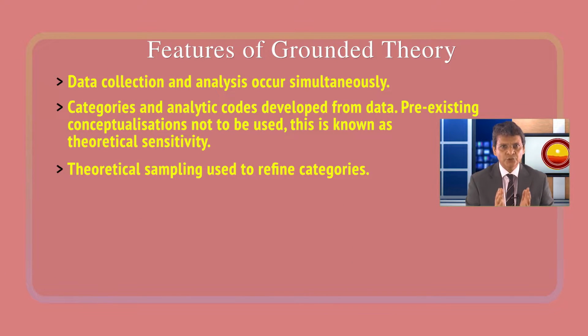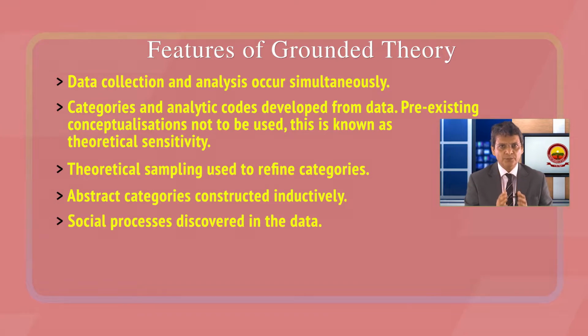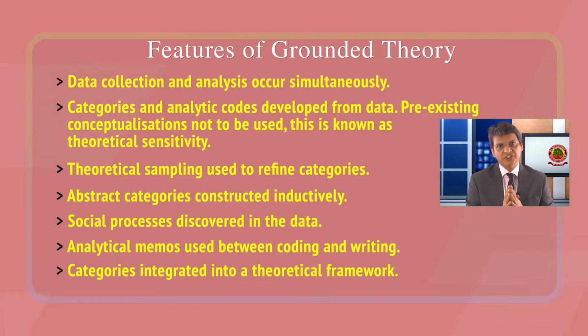Third, theoretical sampling is used to refine the categories. The fourth feature is that abstract categories are constructed inductively, and social processes are discovered in the data. Analytical memos are used between coding and writing, and last but not the least, categories are integrated into a theoretical framework.